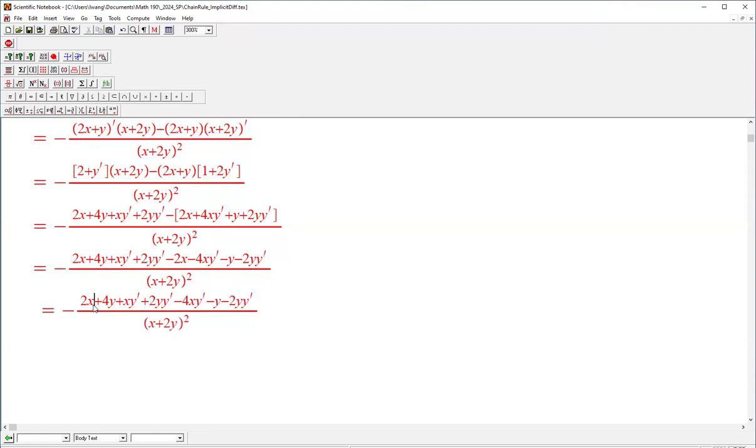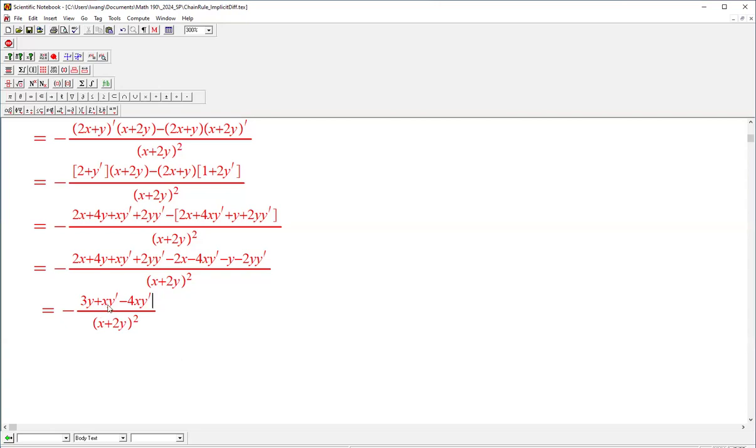Negative 2x, take away the 2x, and 2 times y prime can take away the minus 2y prime. 4y minus y, that's going to be 3y.